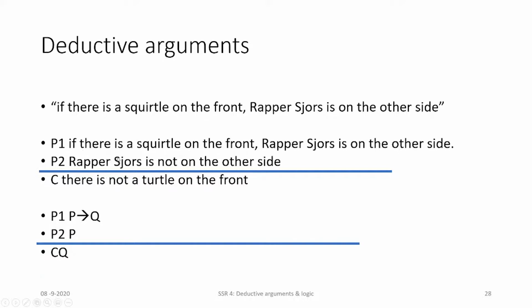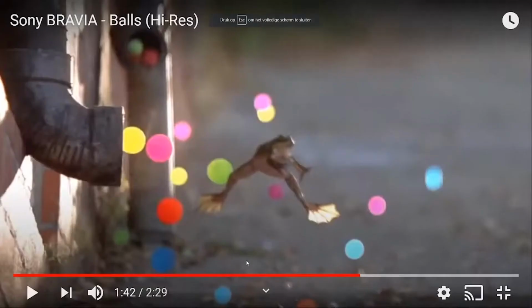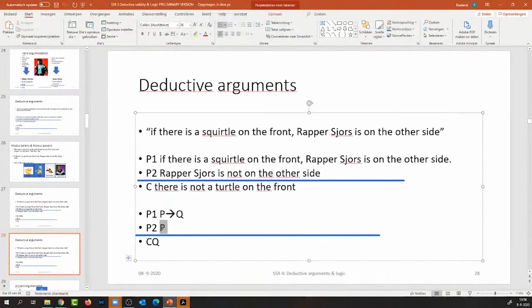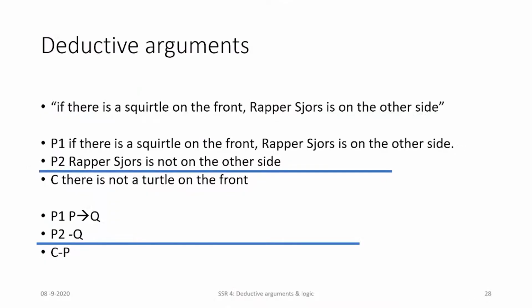Another logical implication of if P, then Q is, I'm sorry for this, not Q, not P. I'm sorry, I forgot to change this part of the slide. It's the other part.